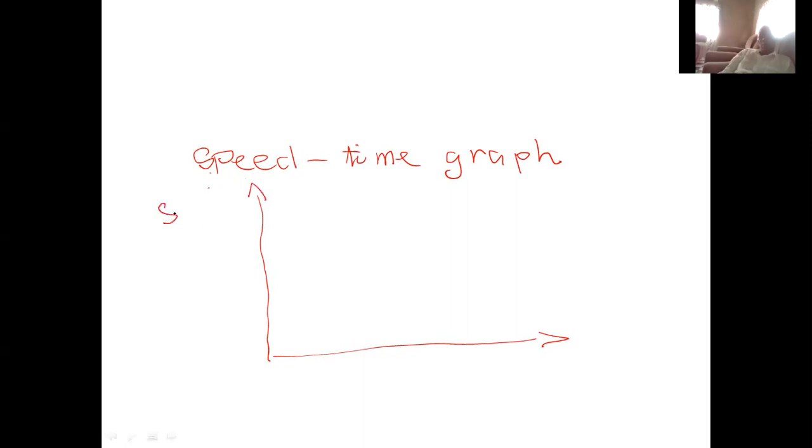So you label speed, and this should be in meters per second. And you label the x-axis that this should be time in seconds.